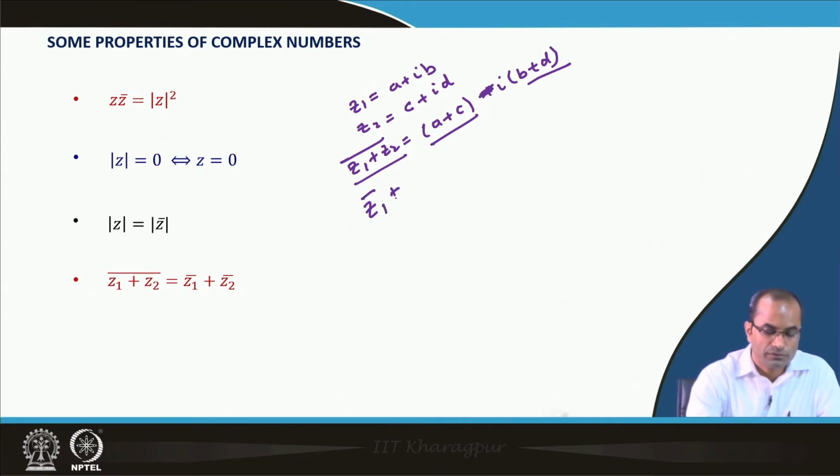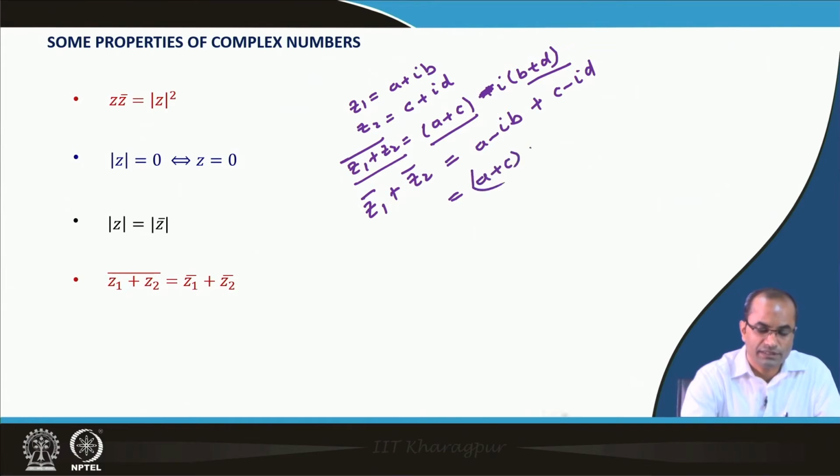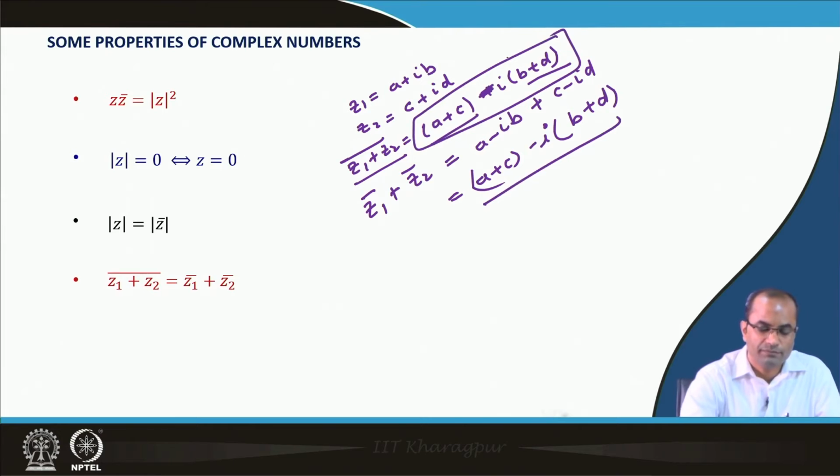When we talk about the individual conjugates, we have a minus ib and c minus id, and the result would be the same, because we have a plus c and then minus I times b plus d. So this and this are the same. Therefore we have the conjugate of z1 plus z2 equal to the conjugate of z1 plus the conjugate of z2.